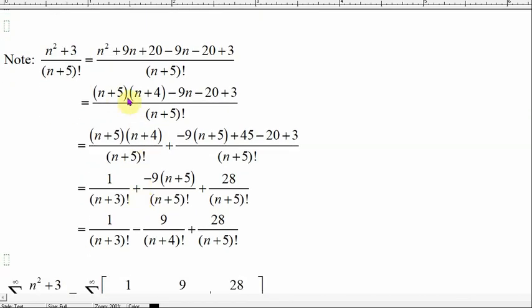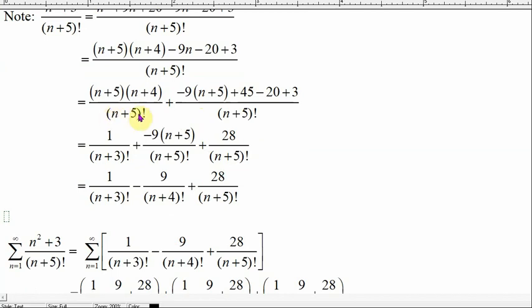And so now we get (n plus 5)(n plus 4) over (n plus 5) factorial, and then minus 9 times (n plus 5), and then this part right here, this is negative 9n minus 45, and then plus 45, which is minus 9n, and then minus 20 plus 3.